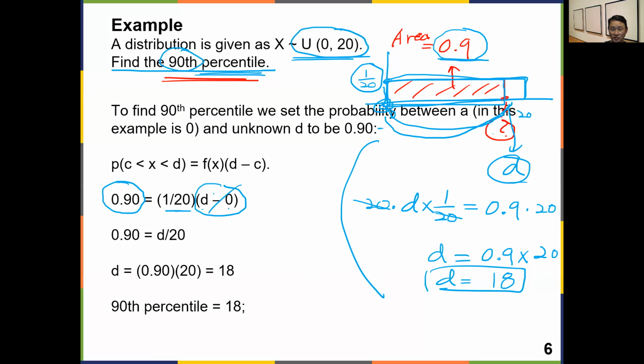You don't have to worry about this minus 0. So if I rewrite it, it's D over 20, so that D is going to multiply to the top. So how do you find D? You multiply 20 on both sides. The bottom 20 and the top 20 cancel out. The other side is 20 times 0.9, or 0.9 times 20, same deal. So it's going to be 18, just like that.